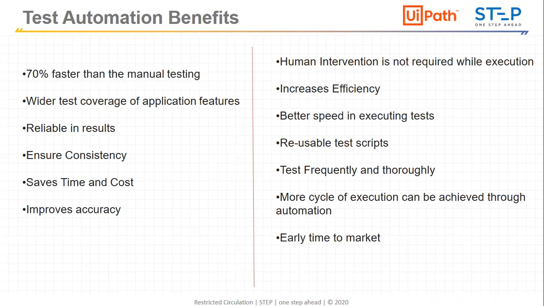Then the reusability of test scripts. As I already explained, the reusability of the test cases: in the case of fund transfer using IMPS, the same workflow with some changes, 20% changes, can be used for fund transfer with the selection of NEFT.